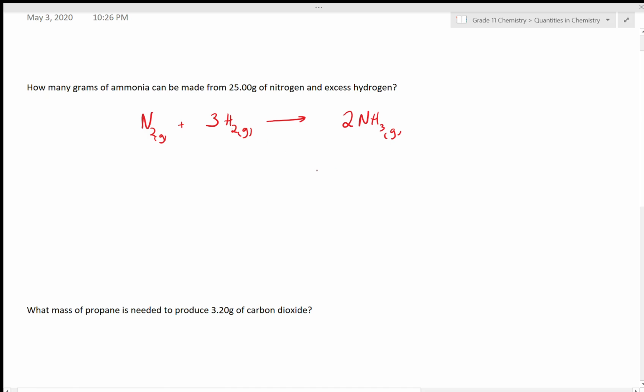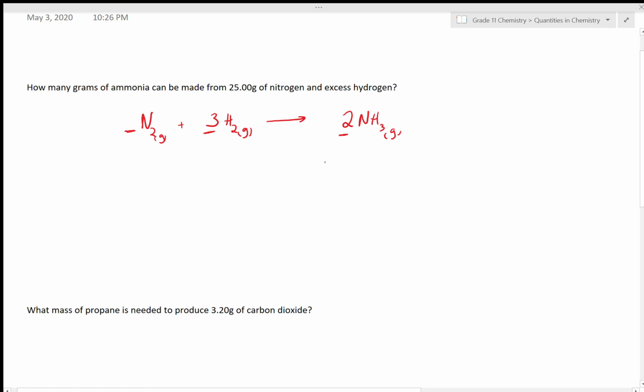Now, if you've read chapter 7.1, you'll realize very quickly that these numbers that we just placed there, the coefficients in front of the balanced chemical equation, they tell us a lot about the actual reaction here and what's actually going on. So this actually means that for every 1 molecule of nitrogen, I need 3 molecules of hydrogen to produce 2 molecules of ammonia.